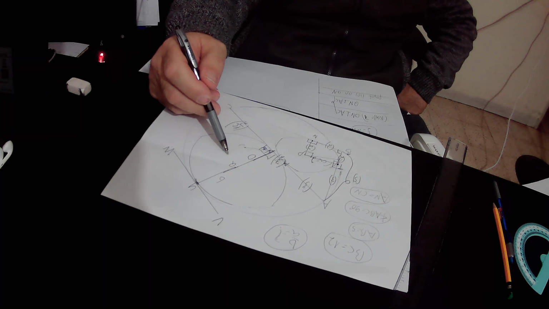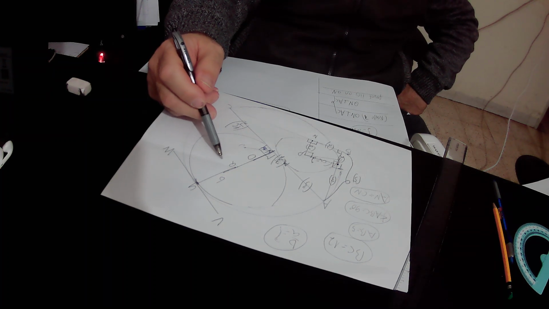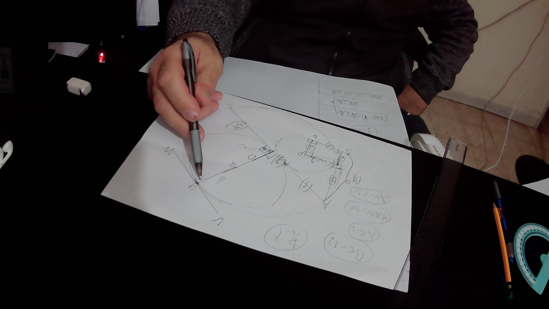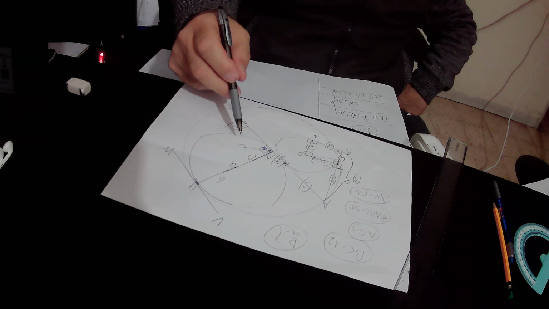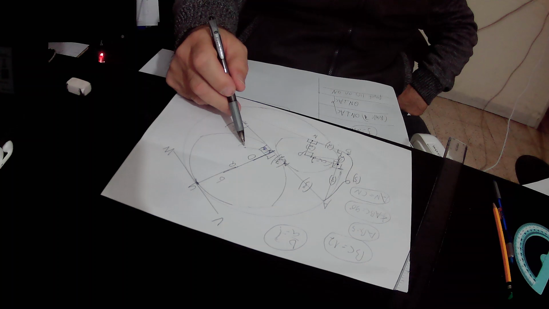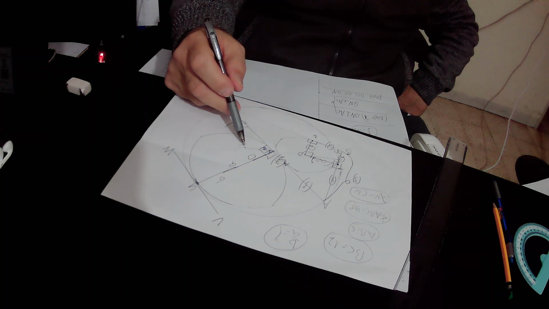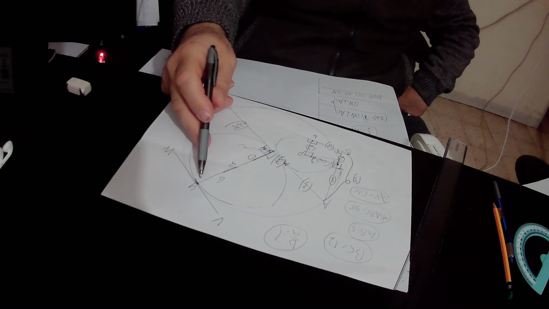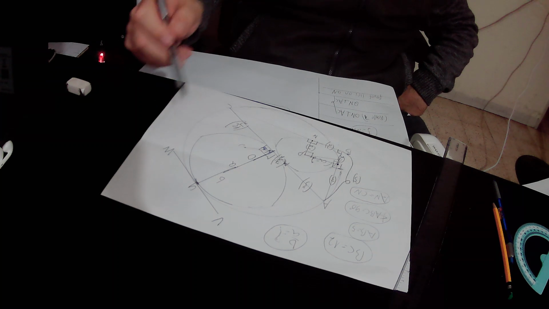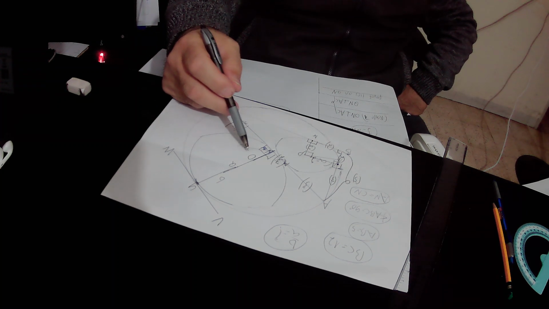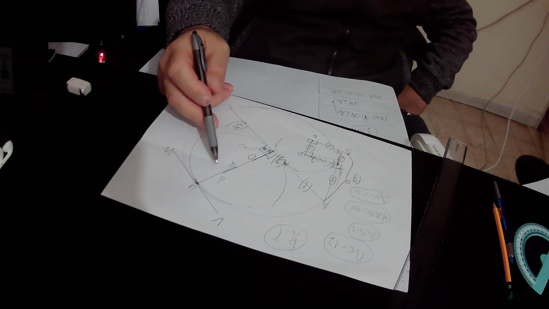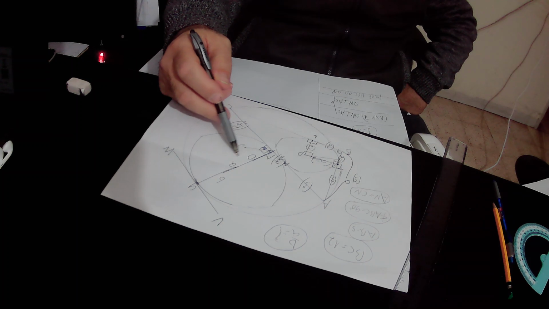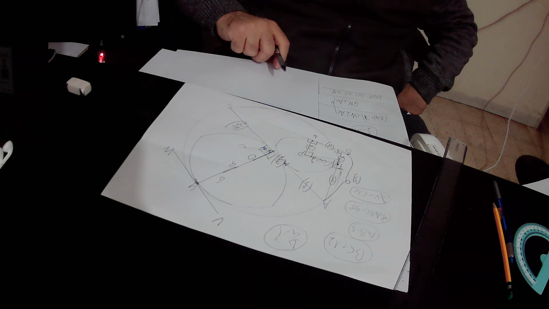For example, if point Q is located here, then QU will not be perpendicular to VW. Or if point O is located here, then OU will not be perpendicular to VW. So all three points O, Q and U must be located on one straight line, therefore OQU is one straight line.